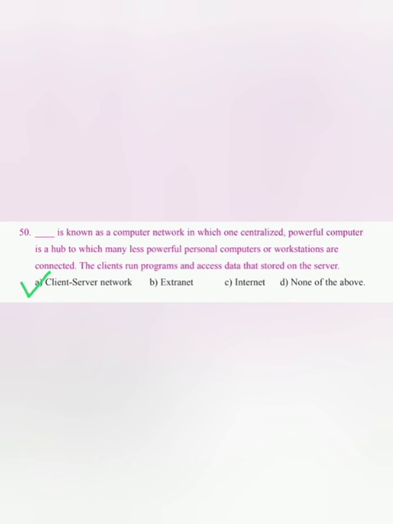What is known as a computer network in which one centralized powerful computer is a hub to which many less powerful personal computers or workstations are connected? The clients run programs and access data that's stored on the server. A. Client server network, B. Extranet, C. Internet, D. None of the above. Answer: client server network.